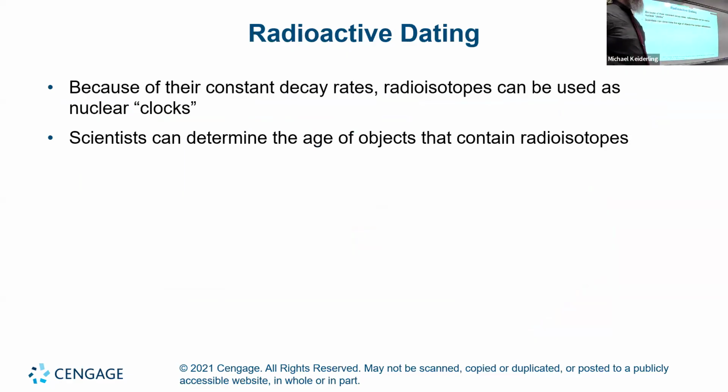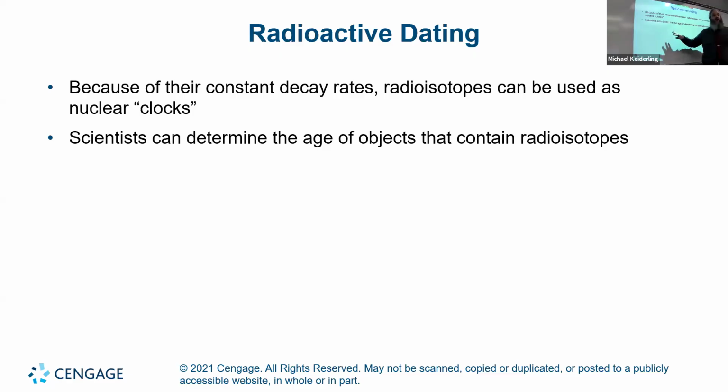And because of the constant decay rates, radioisotopes can be used as nuclear clocks. We can determine the ages of objects that contain radioisotopes. So under certain circumstances, things like rocks, when they form, will only have certain elements in them. Which means by comparing the parent element to the daughter element that wouldn't normally be there when it forms, we can date these materials.